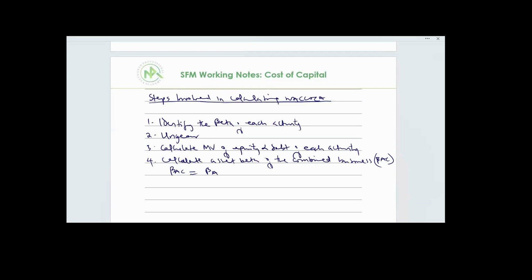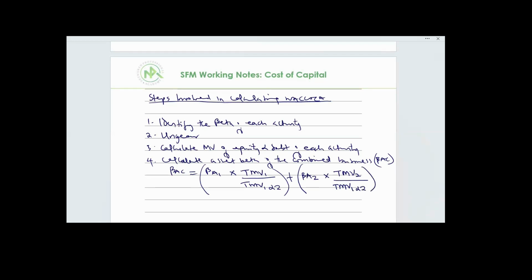Therefore, I will look for the beta asset I've calculated in step 2 of activity 1, multiply by total market value of equity and debt of activity 1, divided by total market value of equity and debt of activity 1 and 2 on one side, plus, open a bracket, beta asset of activity 2 multiplied by total market value of equity and debt of activity 2 divided by total market value of equity and debt of activity 1 and 2.